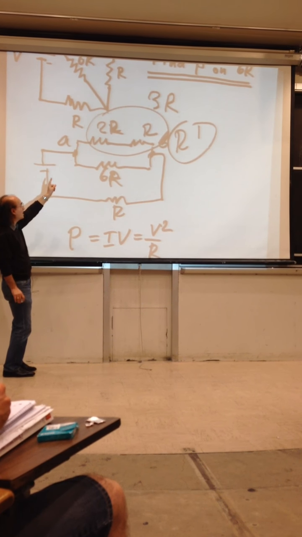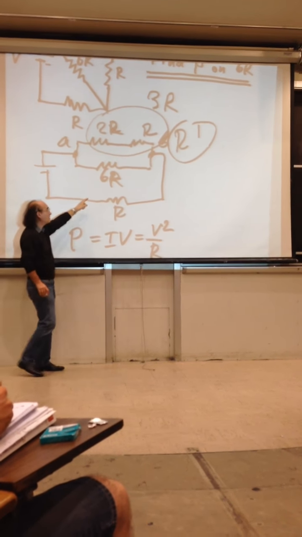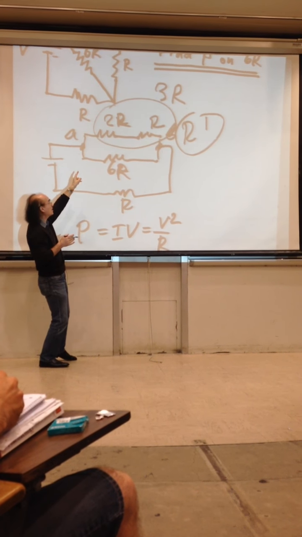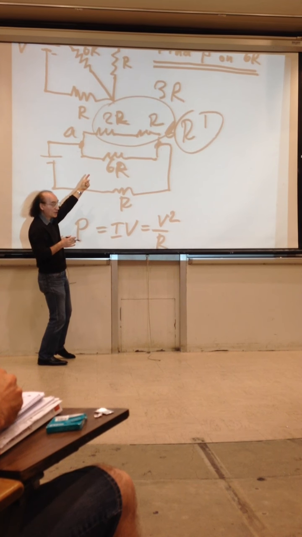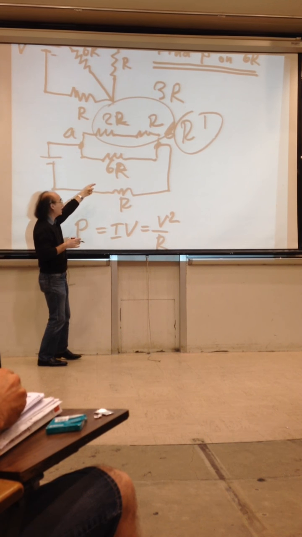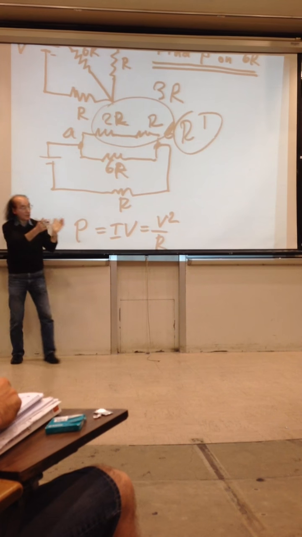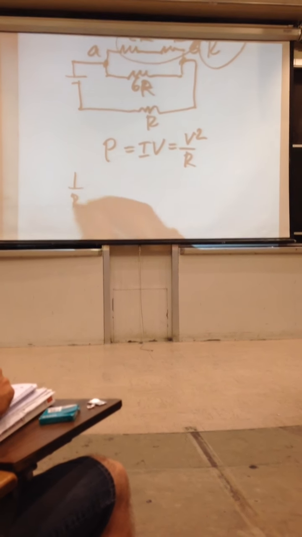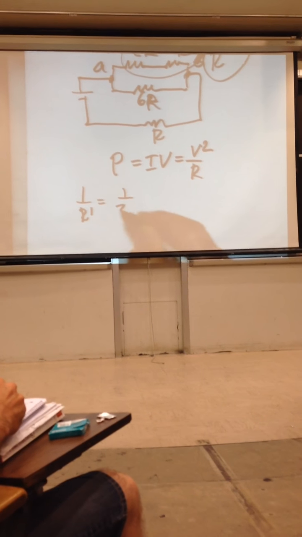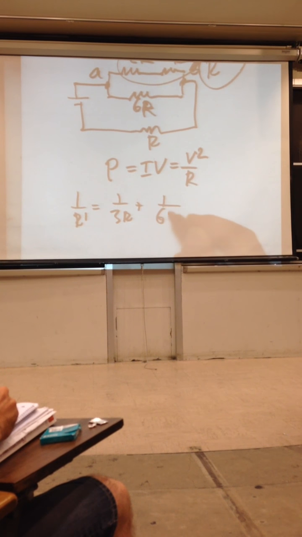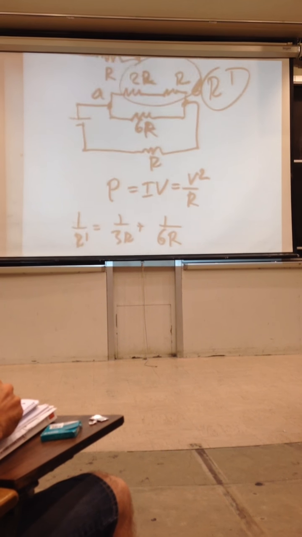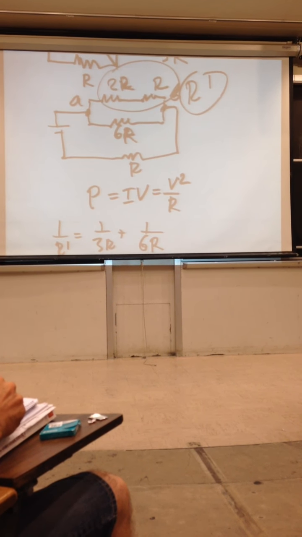So these 2R and R are connected in series, giving 3R, and that 3R and the 6R are connected in parallel. Therefore, we use the inverse law: 1 over R prime is 1 over 3R plus 1 over 6R. So determine that, the resistance of that upper unit composed of three resistors.